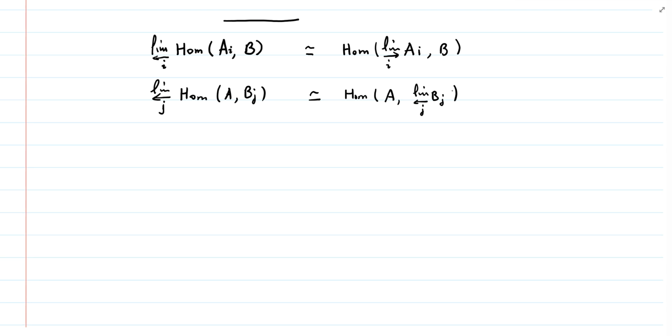This is just telling you that they are dual to each other, which means that the product category is the coproduct of the opposite category.